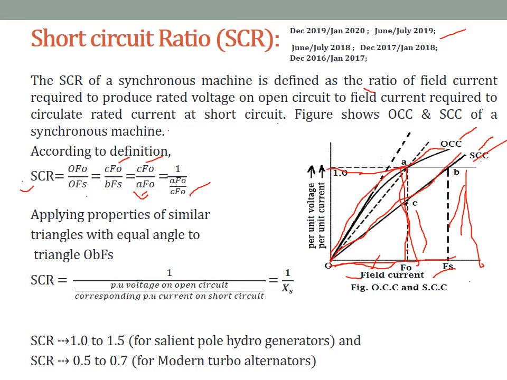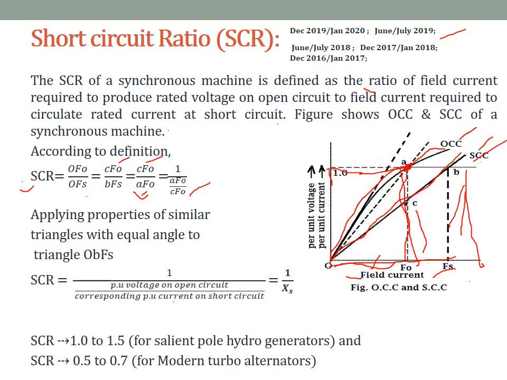What is AF naught? This is the AF naught, per unit voltage on open circuit, from here to here. Now CF naught is the corresponding per unit current on short circuit.